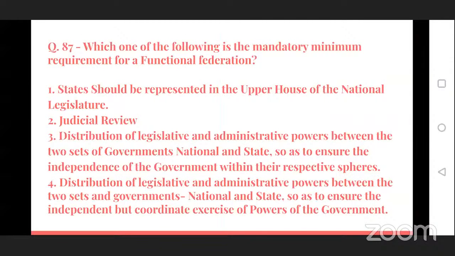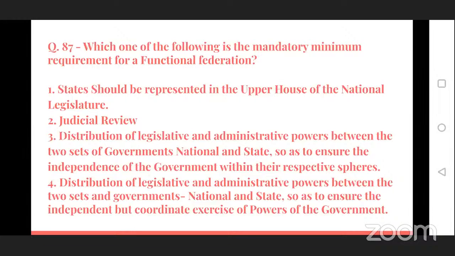Now let us move to question number 87. Which one of the following is a mandatory minimum requirement for a functional federation? 1. States should be represented in the upper house of the national legislature. 2.